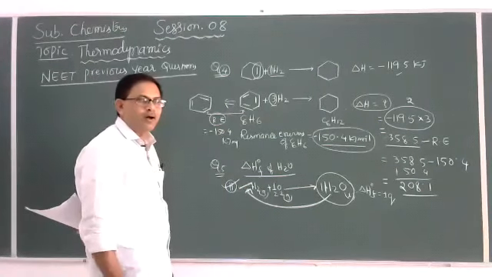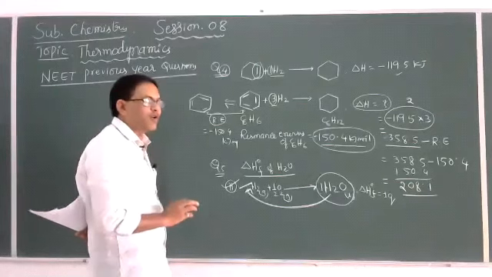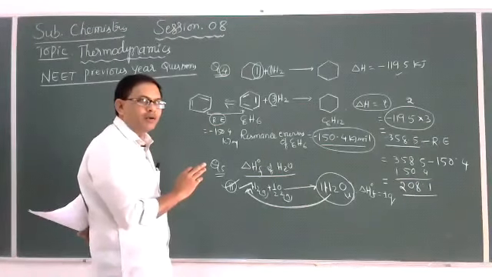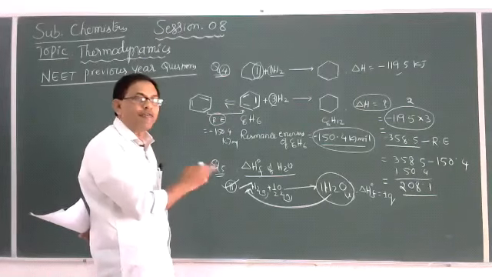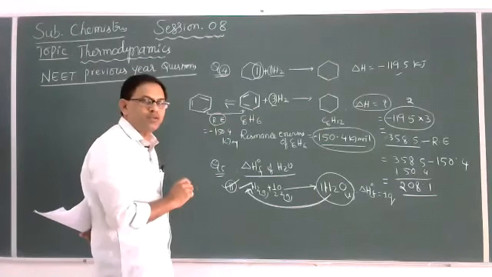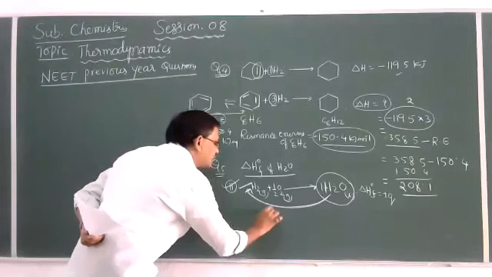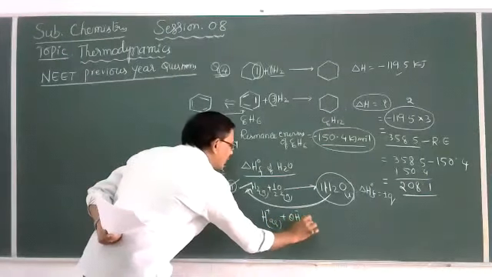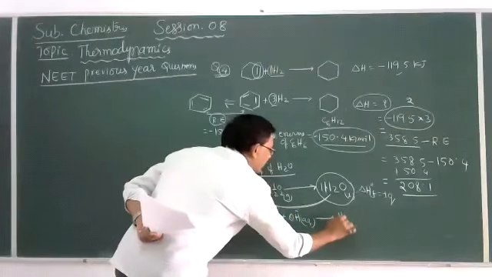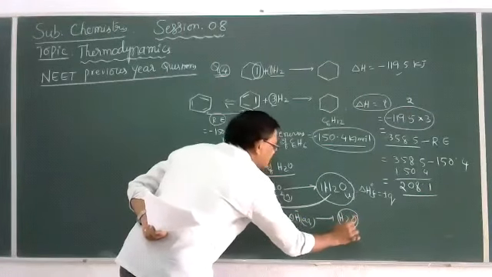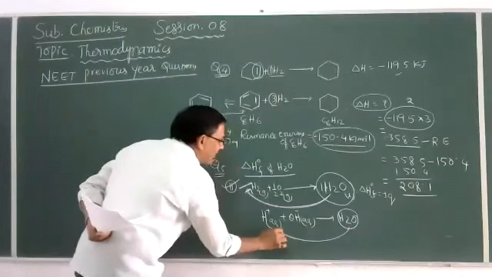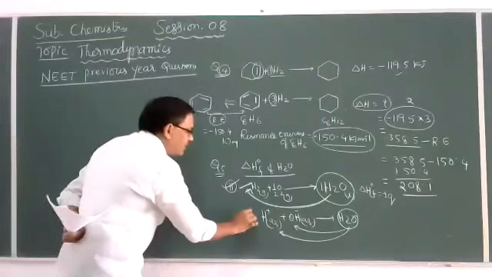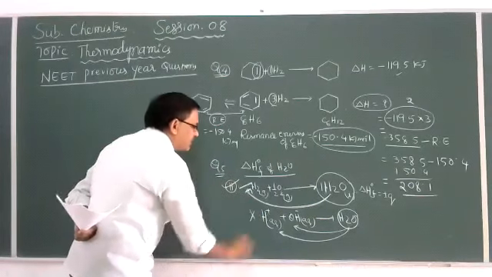In the remaining 3 options, water is formed, but not from constituent elements. They are from ions or molecules. See the first one: H plus aqueous plus OH minus aqueous gives H2O. This water is formed from its ions, not from its elements. That's why the definition cannot accept it. That's why it is wrong.